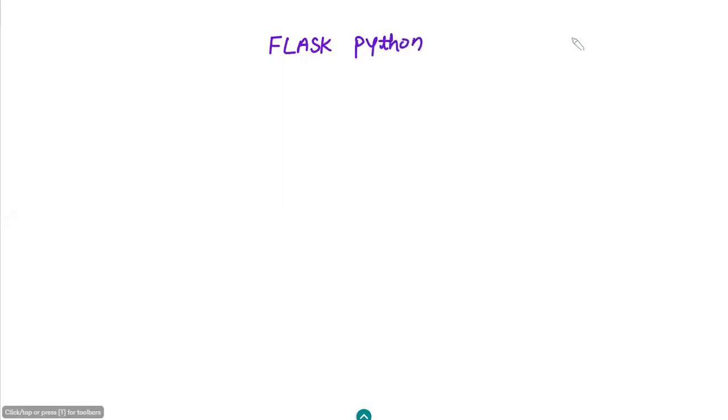Flask is a Python library which is used to develop a website. Whenever we are going to develop any type of website, we can use Flask as well as Django, which we have discussed earlier in the previous lecture. So today we are going to start Flask Python.